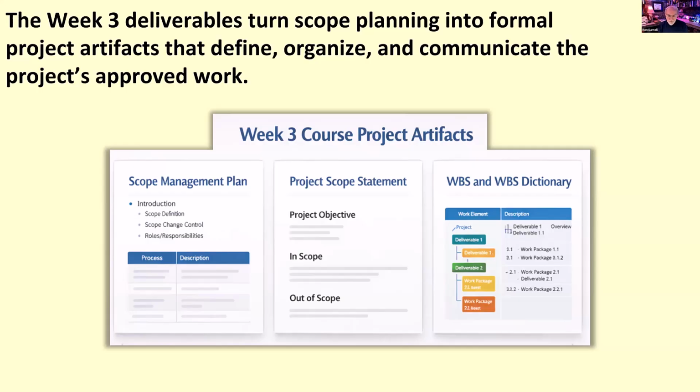These artifacts show that the project is moving from initiation into more structured planning. They also connect directly to PMI's planning processes, especially planning scope management, collecting requirements, defining scope, and creating the work breakdown structure. In that sense, the assignment's not about producing documents, it's about showing that you understand how scope planning works as a connected planning effort.